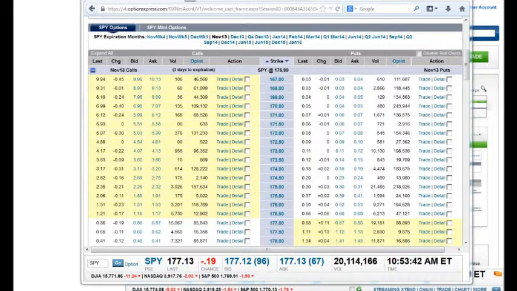But if you bought an option and it goes against you and it comes expiration, it's going to be worthless. That's what happens with options if you let them go. So they're always going to be expiring on the third Friday, and this Friday happens to be the third Friday in November. So this Friday is options expiration day.